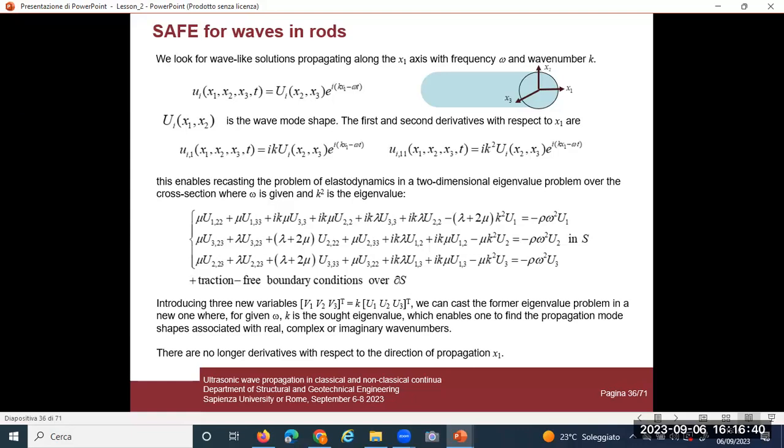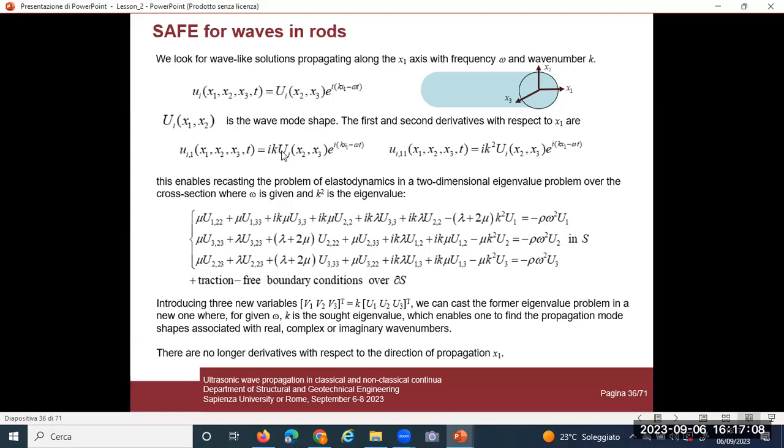Now you've got to note some things. The first thing is this one. When you plug this solution into the bulk field equations and derive with respect to x1, which is the direction of propagation, you obtain something like that.